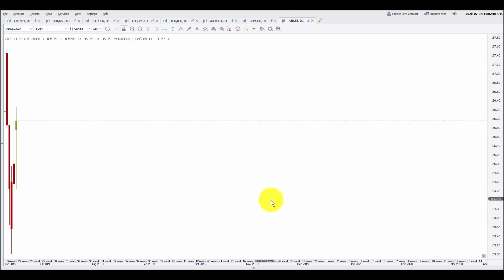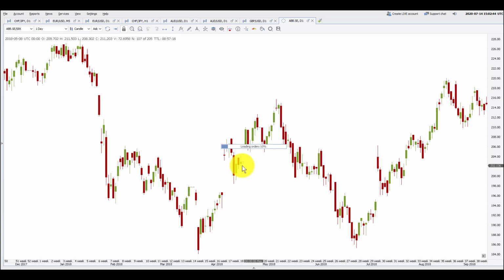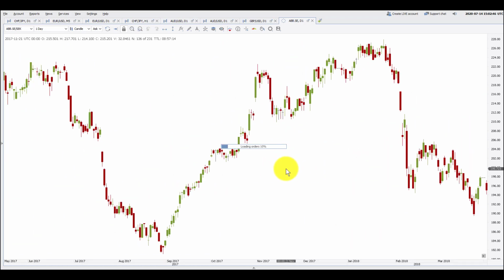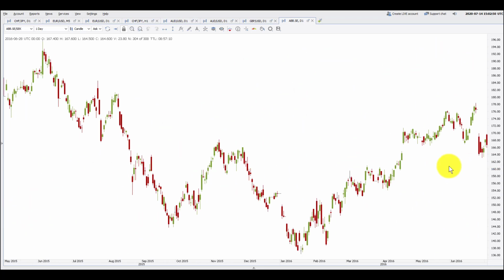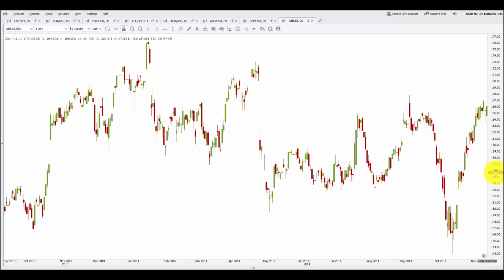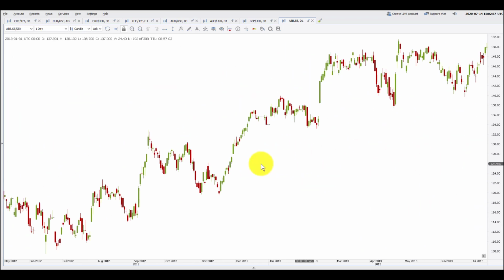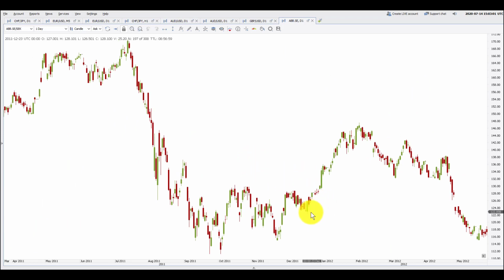Is there anything in this chart at all? Okay, here is. Okay, here you can find one.